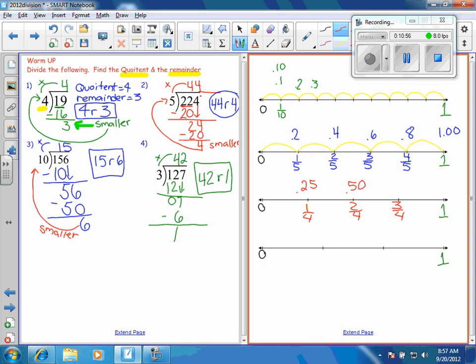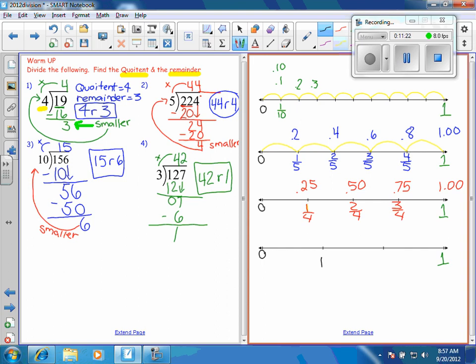What about the third one? Claire? 0.75. And then the last? Keep going, Claire. Oh, well, the last is a whole. Okay, last number line. This is harder. Thirds.